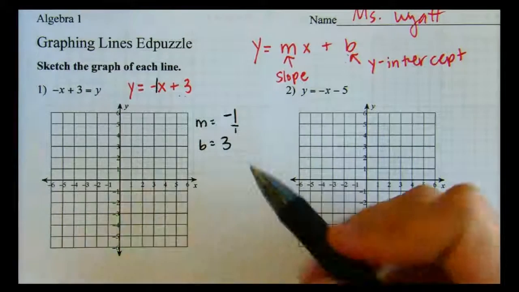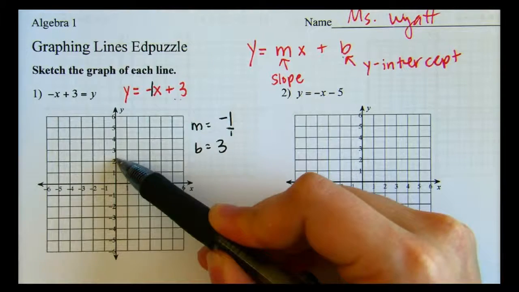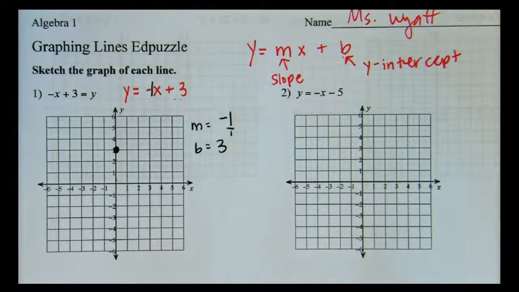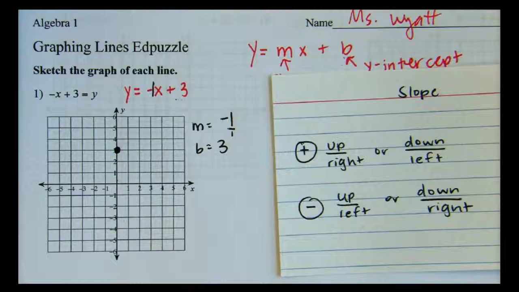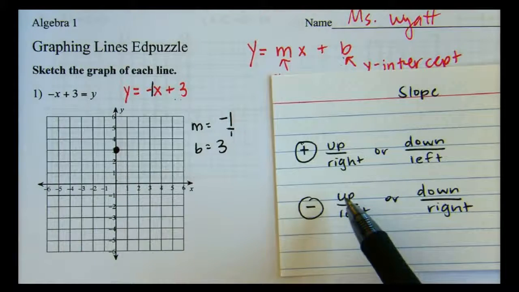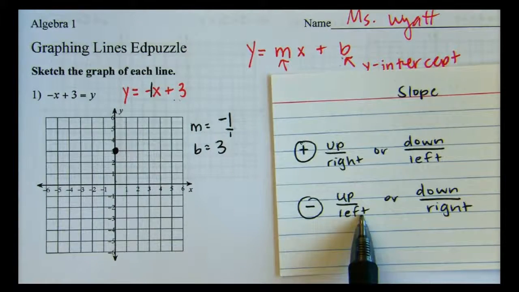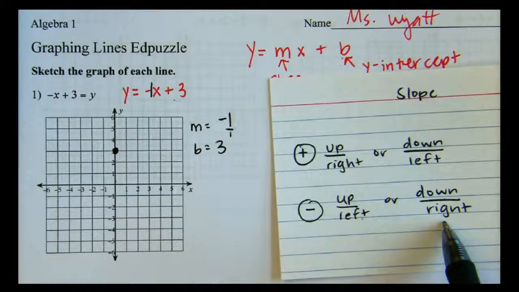So to graph this, I'm going to start off with my b value. Since it's a positive 3, I'm going to go up 1, 2, 3, and plot a point at positive 3. And then from there, because my slope is negative, I'll get my slope card to remind myself of what those signs mean. If my slope is negative, I'm either going to be moving up 1 and to the left 1, or I'm going to be moving down 1 and to the right 1.